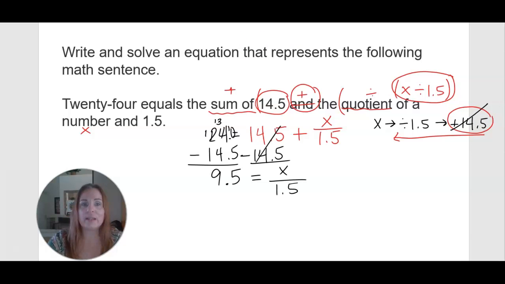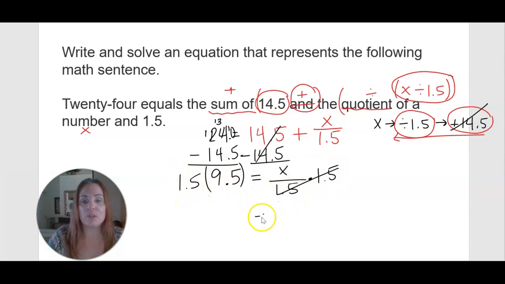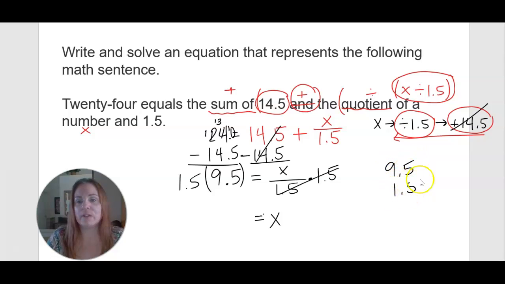Now I go back another step and I have to do the opposite of dividing by 1.5. The opposite of dividing by 1.5 is to multiply by 1.5. So multiply, I'll use parentheses over here. So I did the opposite, so I'll just get x, and I'm going to have to do the multiplication over here because I don't know what that is off the top of my head. So 9.5 times 1.5, that's 25, right?